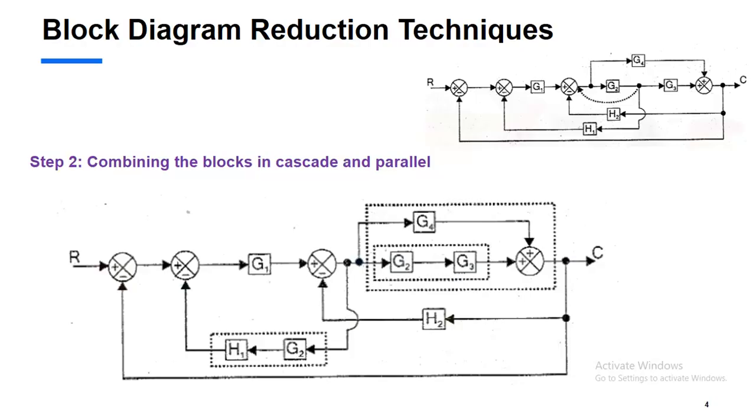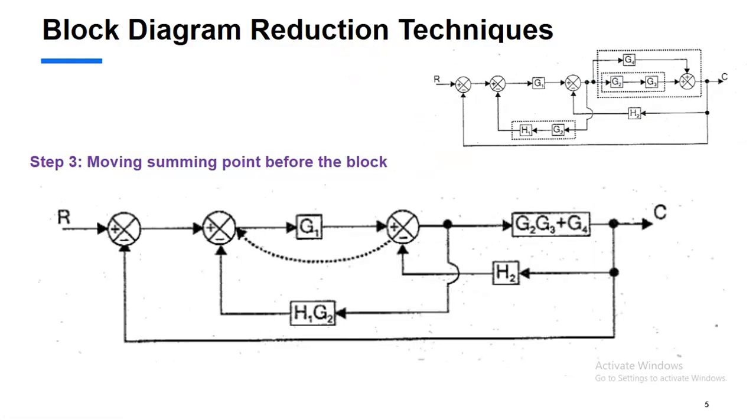Why are you getting a G2? Because we are moving the branch point before the block. So H1 into G2 is appearing here. Here G2 G3 multiplied and added with G4, that is why G2 G3 plus G4.